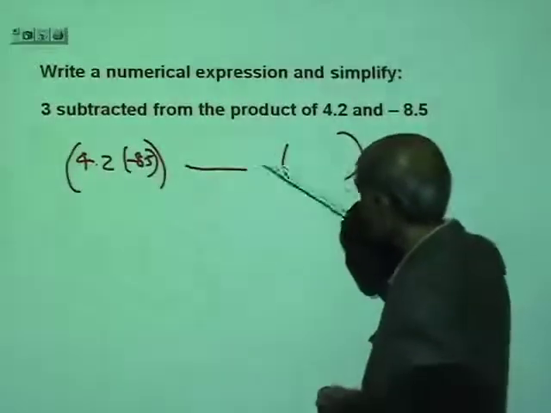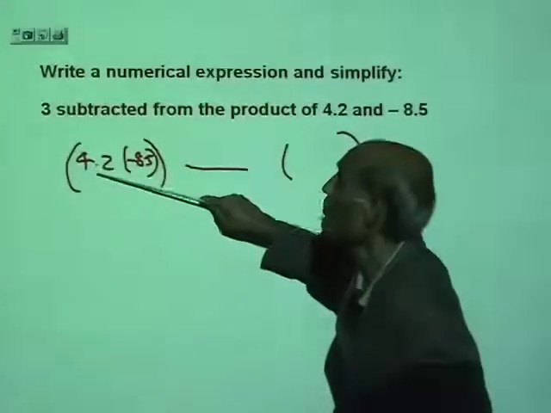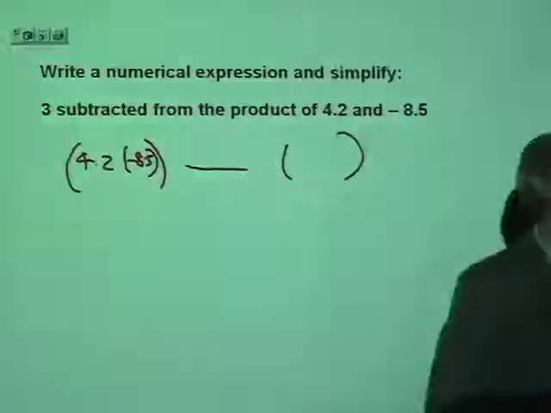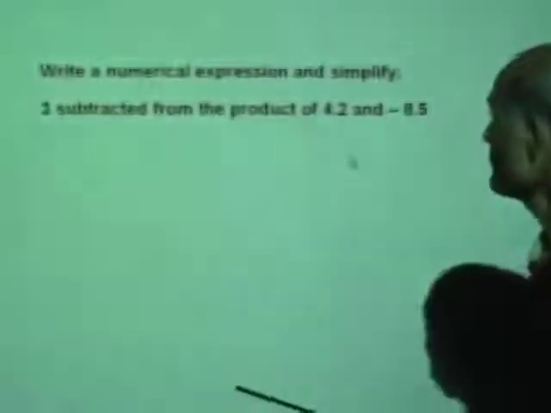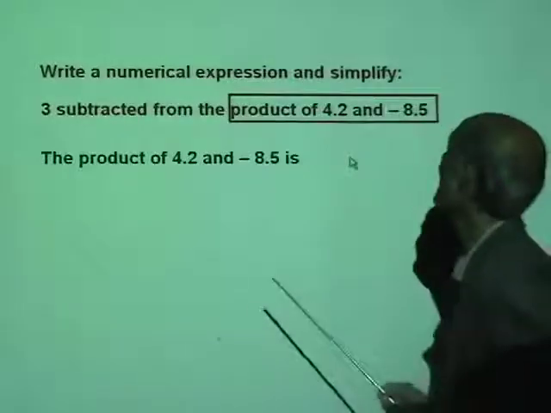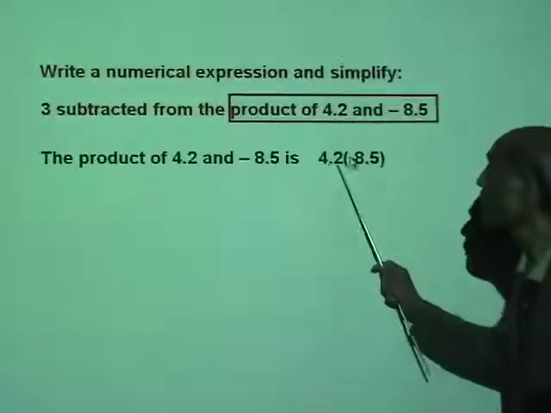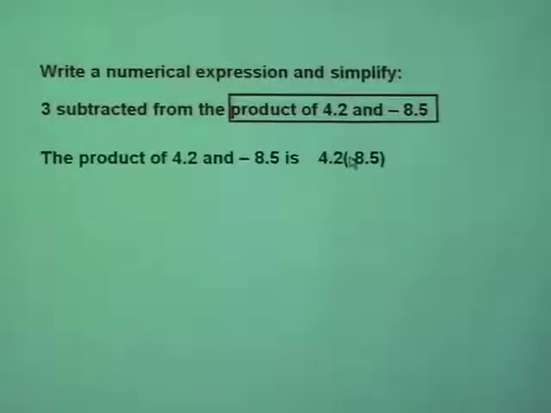So subtract 3 from the product of 4.2 and negative 8.5. Alright, let's get on with it. The product of 4.2 and negative 8.5 is this: 4.2 times negative 8.5.